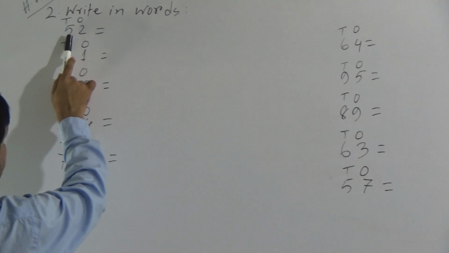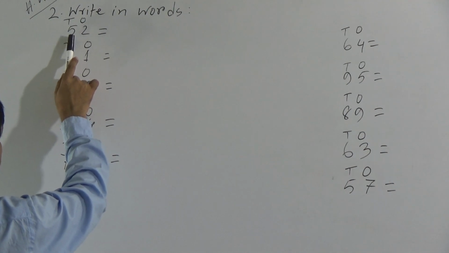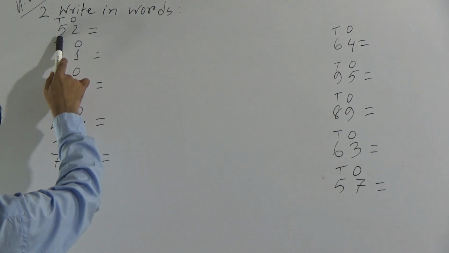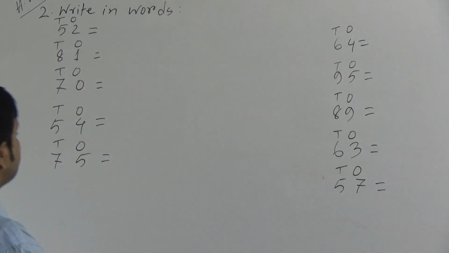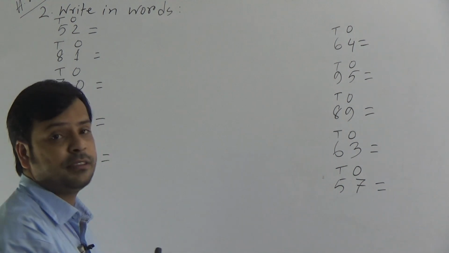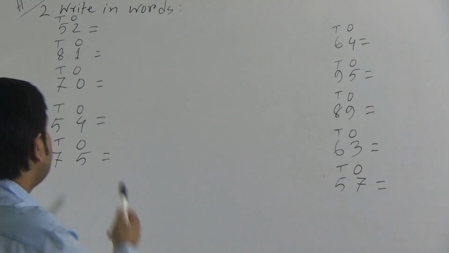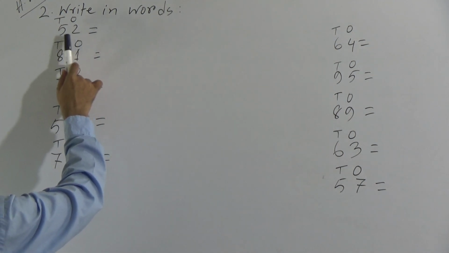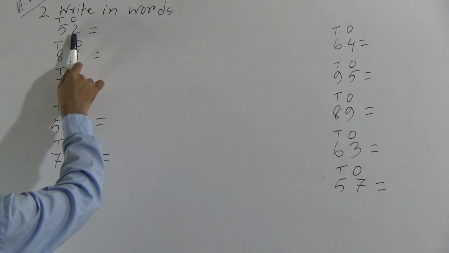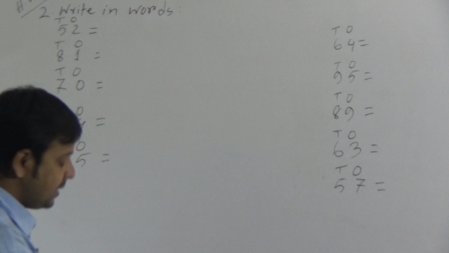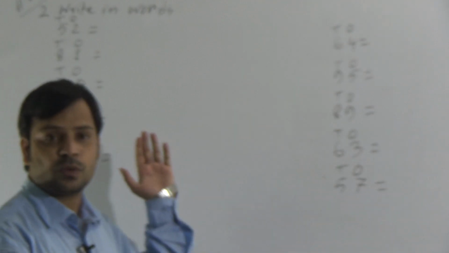If 5 is in tens position, then we say the number is started with 50. And as 2 is in ones position, so we have to say 52. In this way, we have to write the numbers in words.